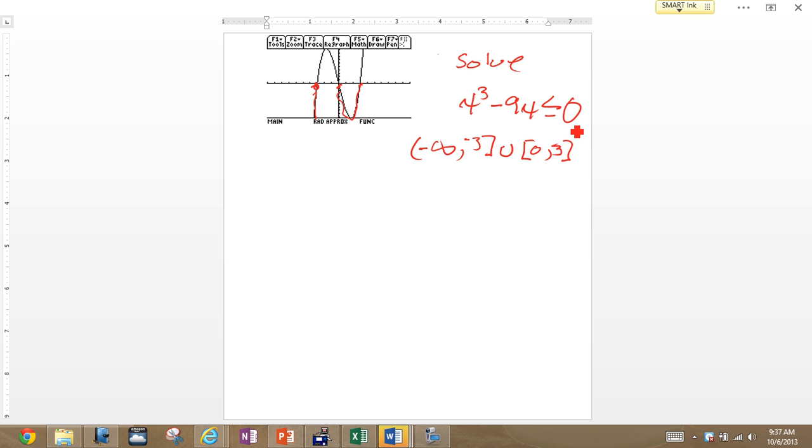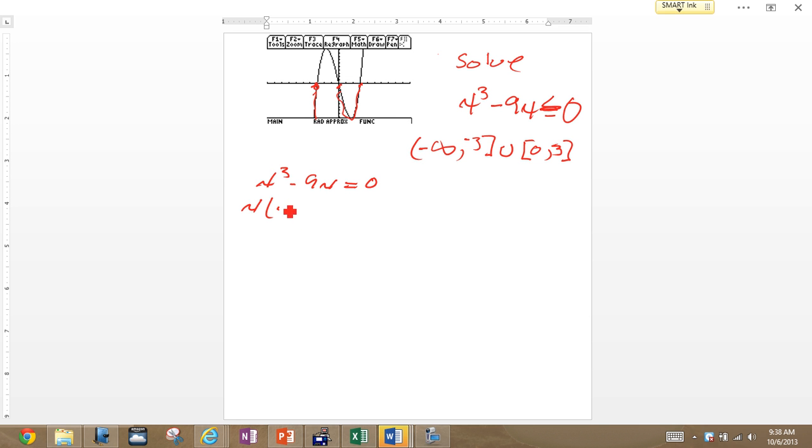Now, what if we did not have the graph? Well, the first thing we want to do is take a look at our expression x cubed minus 9x. Since part of it is asking us when it is equal to 0, let's make that an equation, which jumps out at you and says, well, that's going to factor.